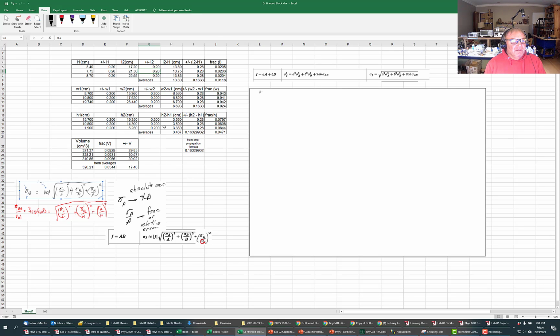So what we can do is we can average the measurements. We took 3 heights, 3 widths, and 3 lengths, and then we can go ahead and calculate the volume using those averages. So you see that's H8 and H14 times H20.